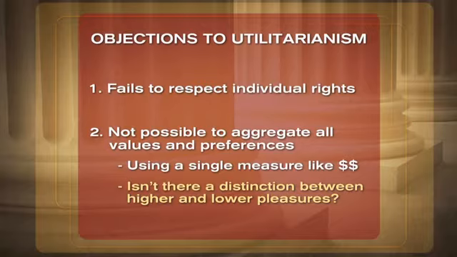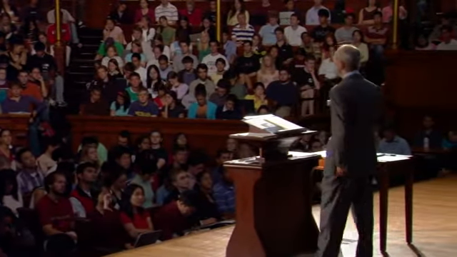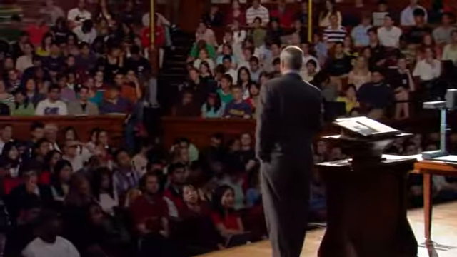Now, part of the appeal of not making any qualitative distinctions about the worth of people's preferences is that it is non-judgmental and egalitarian. The Benthamite utilitarian says, everybody's preferences count, regardless of what people want, regardless of what makes different people happy.